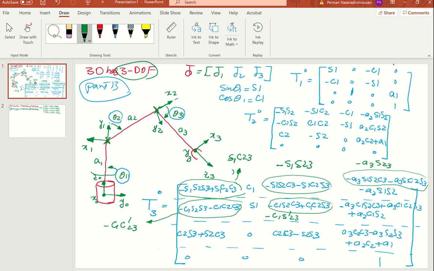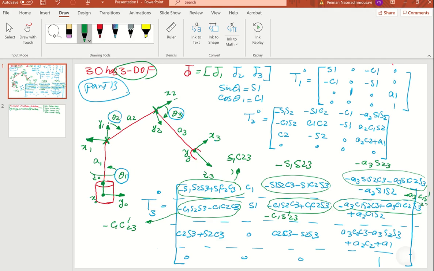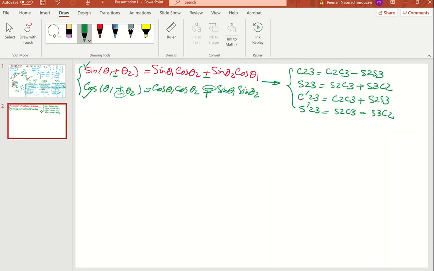Right? Now look at this term in the second row. If you factor out minus A3 cosine 1, it's gonna be S prime. That's right. So this is gonna be minus A3 cosine 1 S prime 2, 3. Next line. What is this? Look at here.